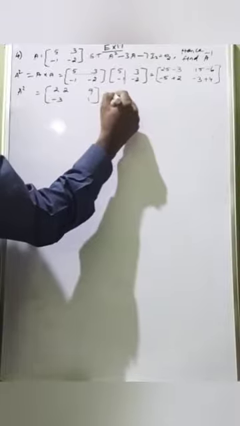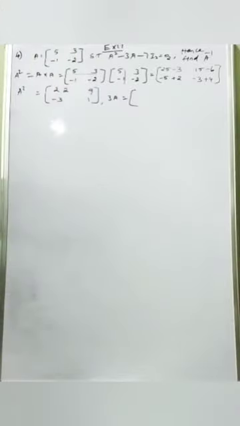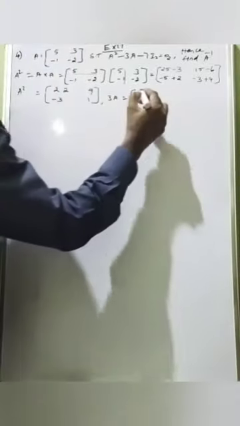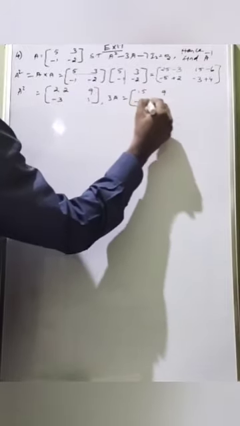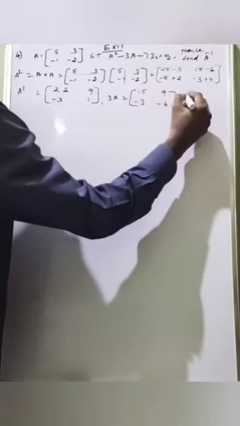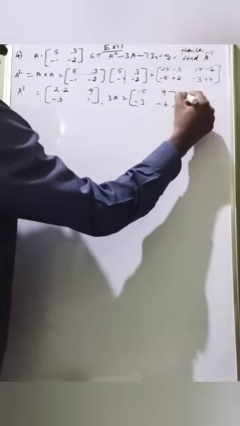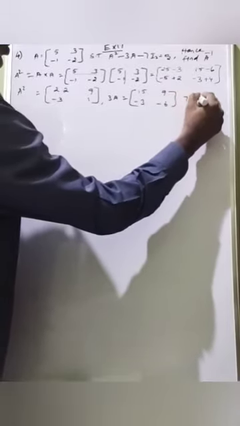Then here we need 3A. So 3A is just multiplied by 3. This entire entry is multiplied by 3. So what will come? 15, 9, minus 3, minus 6. Now next is 7 I2.